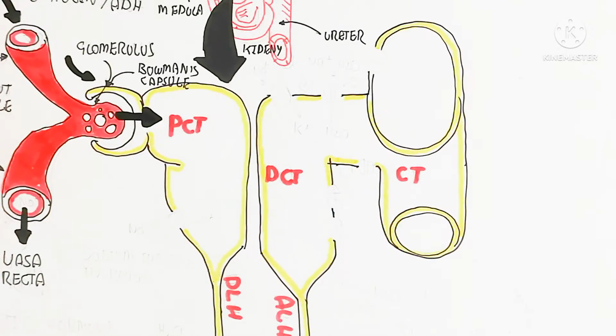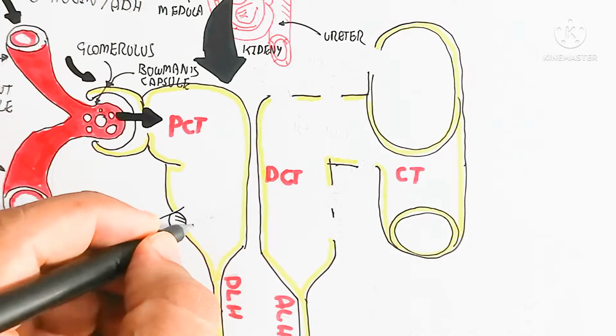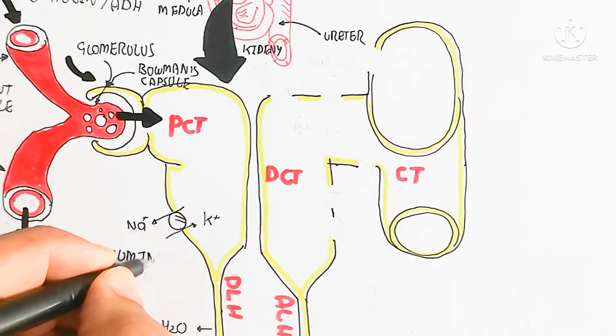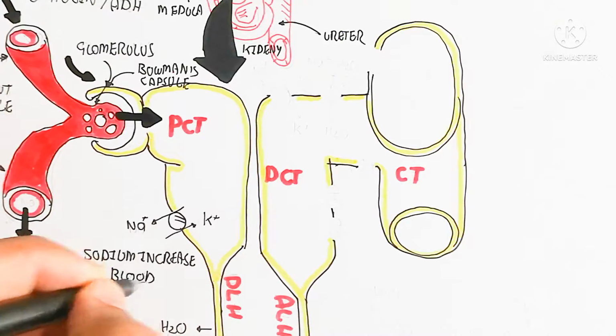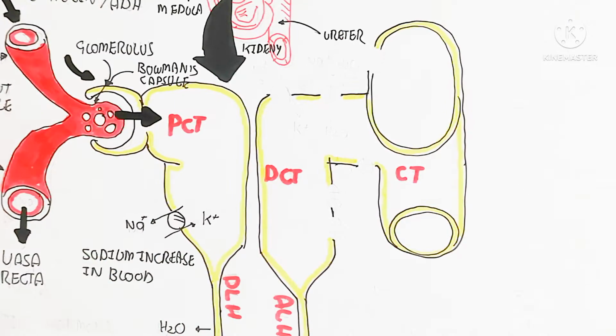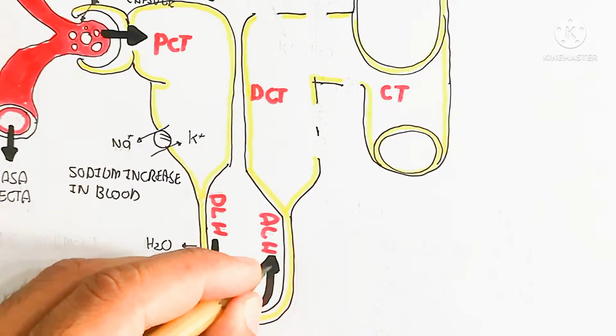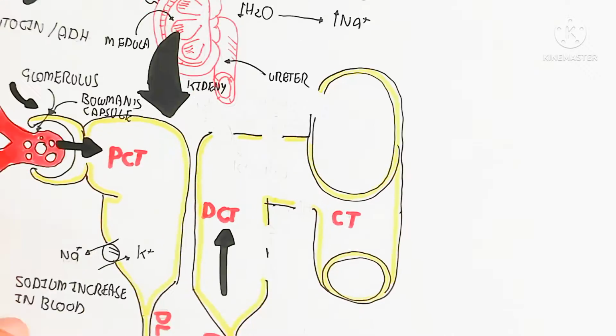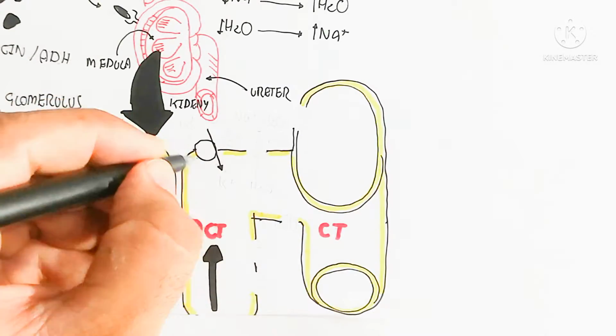Here are the proximal convoluted tubule, descending loop of Henle, ascending loop of Henle, distal convoluted tubule and the collecting duct. Sodium is reabsorbed, and about 90% of water is absorbed from the proximal convoluted tubule.